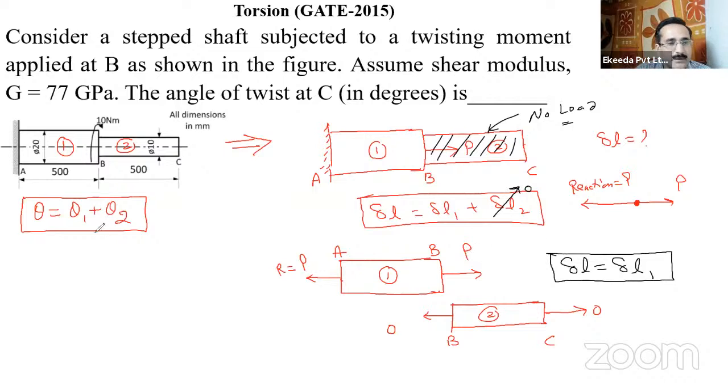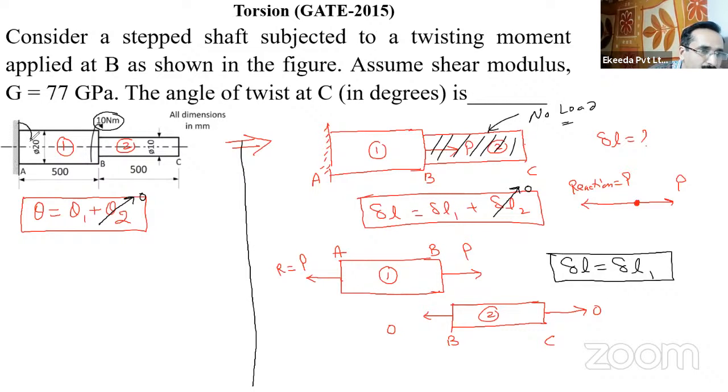Similar to this case, the torsion of shafts follows the same concept. The angle of twist theta 2 will be 0, because there is no torque on this part. The torque is only on the first part, and there is a reactionary torque of 10 Newton meter.